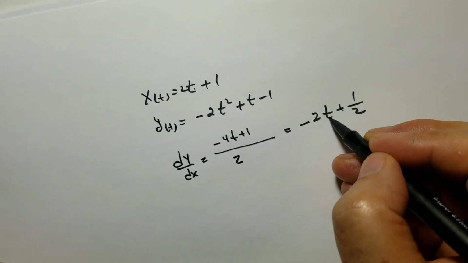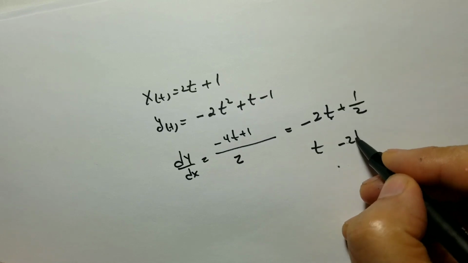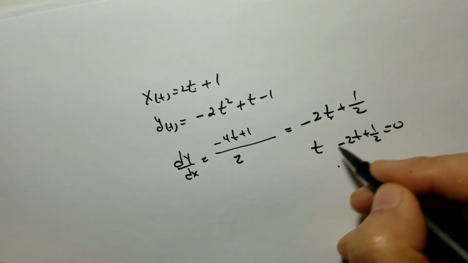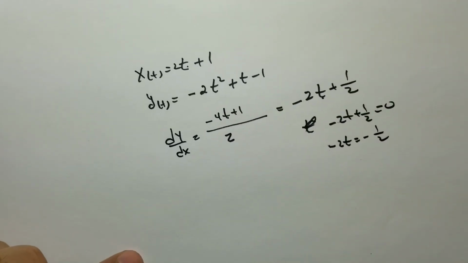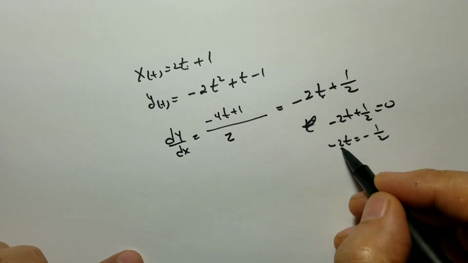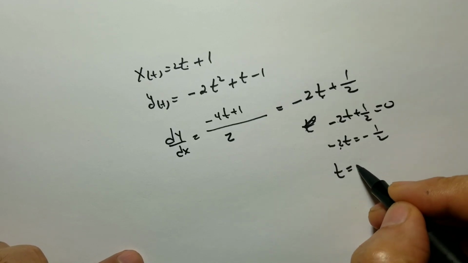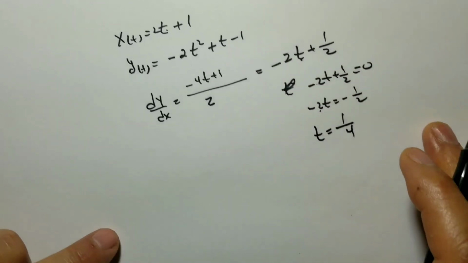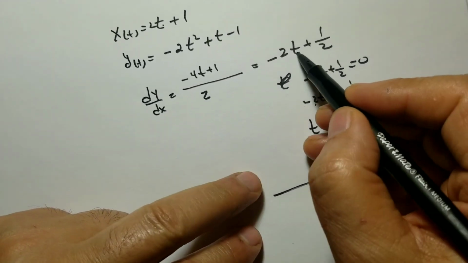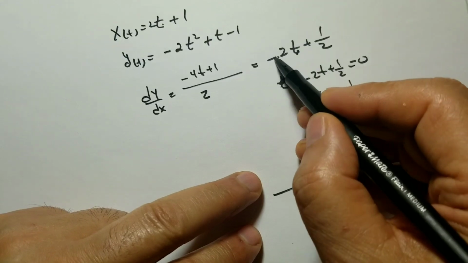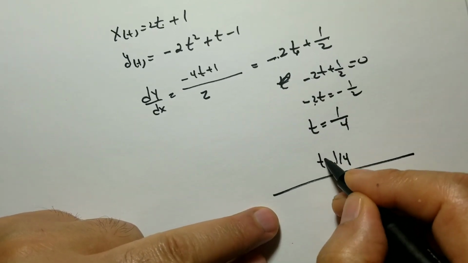Therefore, in here, when the t, give me a number, negative 2t plus 1/2 is equal to 0, negative 2t equal to negative 1/2, and when I divide by negative 2, t is equal to 1/4. If I pick 1/4 here, negative 2 times 1/4 is negative 1/2 plus 1/2, that becomes your critical point.